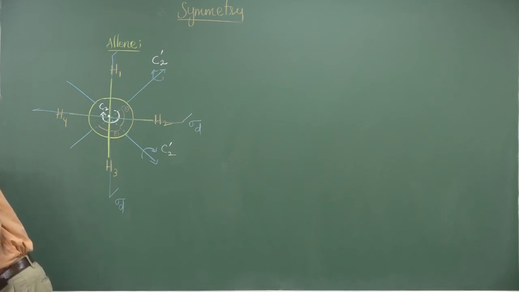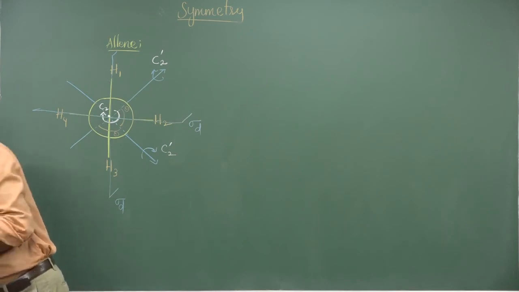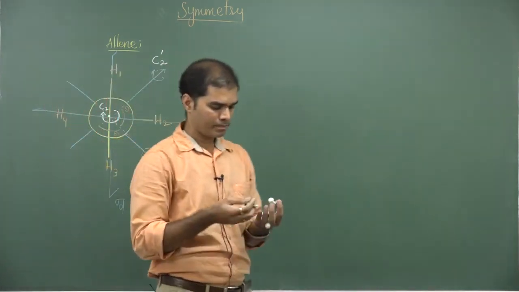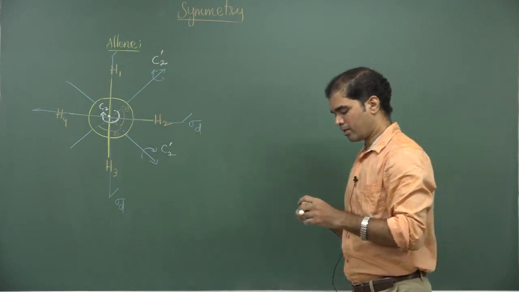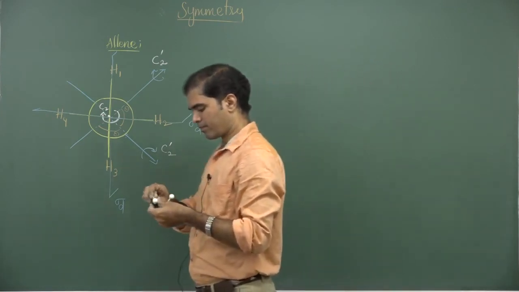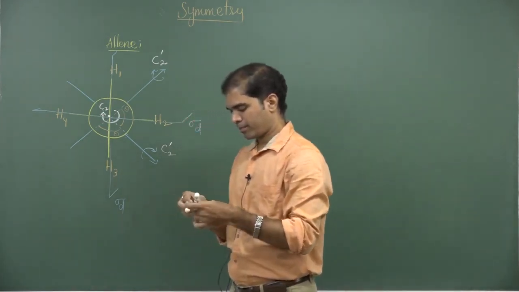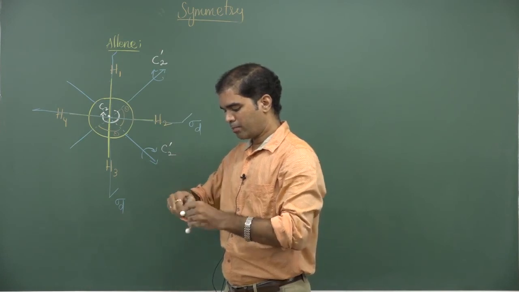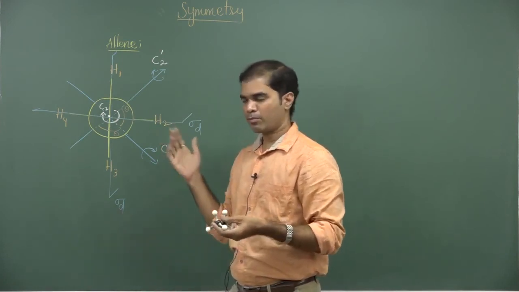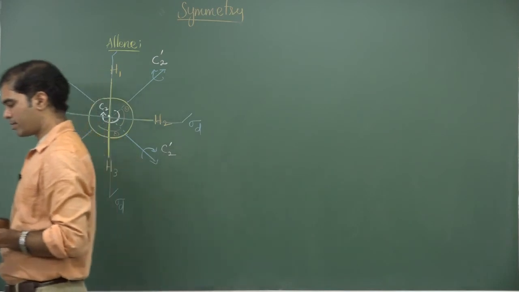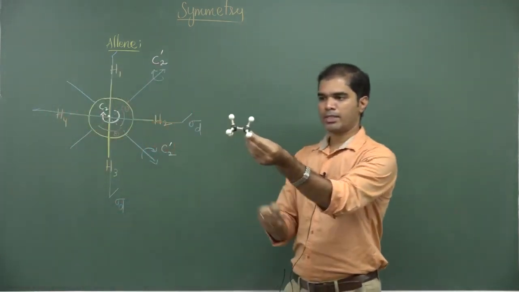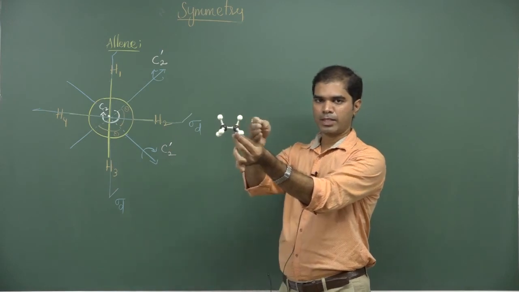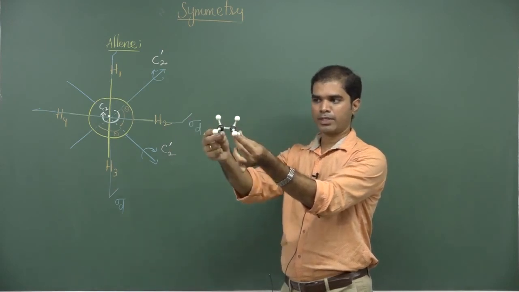I will also show you one more example, that is for allene. Now let me take ethane. Let's check whether our guideline applies to other molecules where there are two identical units. This is ethane, one CH3 unit, other CH3 unit.